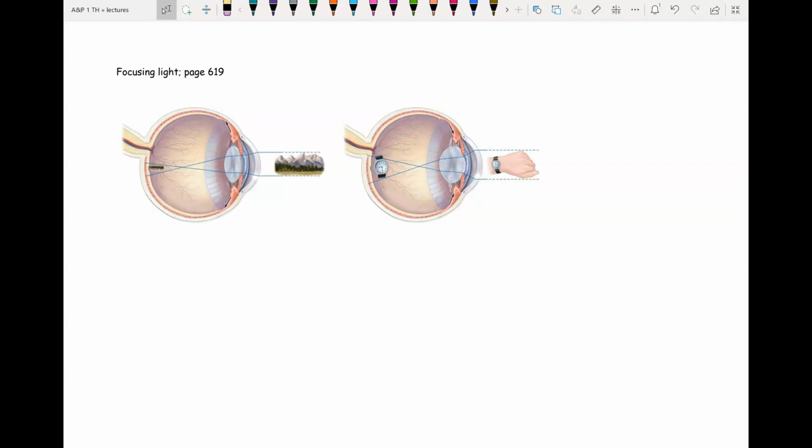Now we can start getting into some more information about just how the eye sees. So we know that light has to hit the retina, and that is how the eye then forms an image.